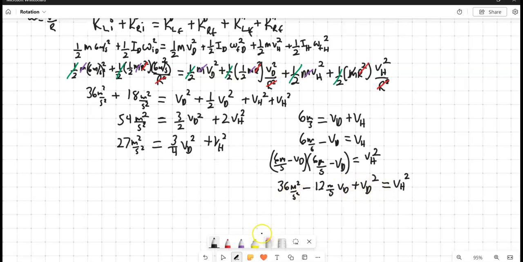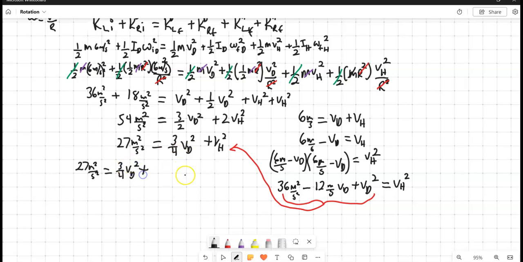So now we can take this whole thing right here and substitute it in for VH. And when we do that, we're going to get something that looks like this. I'm going to need a little room, so I'm going to move my cursor over here and copy everything from up here.